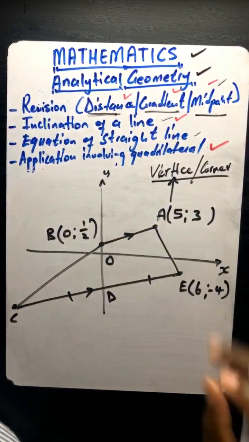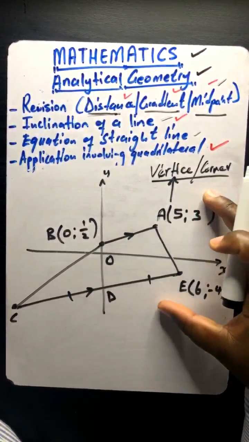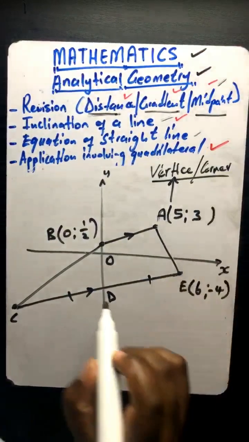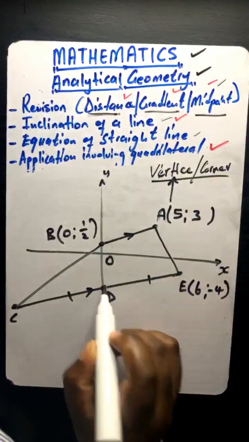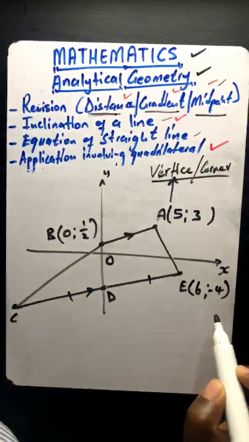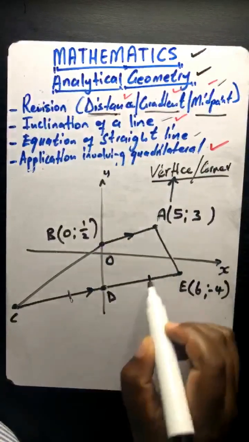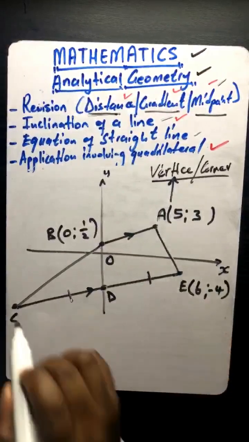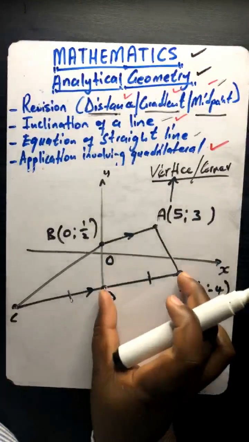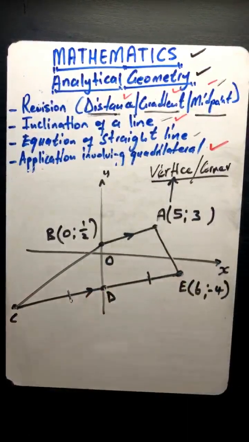When you look at this diagram, whatever you are given in the statement is diagrammatically represented on a Cartesian plane, with D being the y-intercept of the line CD. Because of this, from here to there is equal to from here to there. So this is equal to that. Very, very important, ladies.